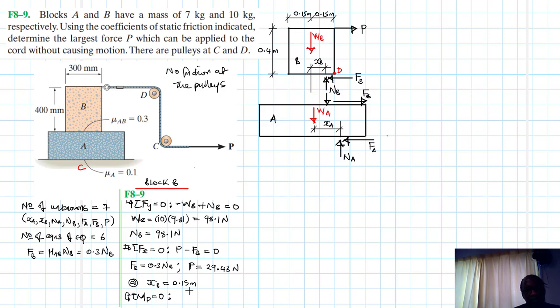So we'll have, if xp is equal to maximum, we want to check the maximum value of P. So that gives us minus P by 0.4 plus WB by 0.15.